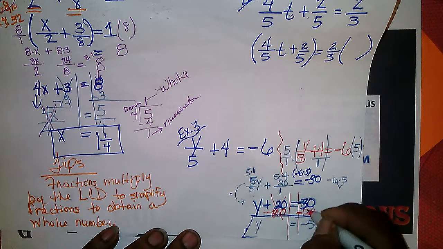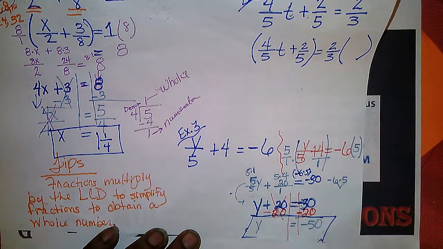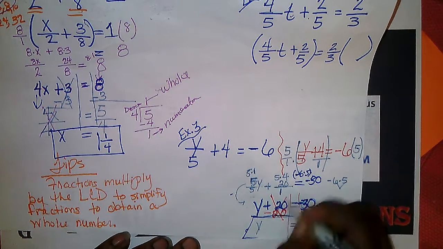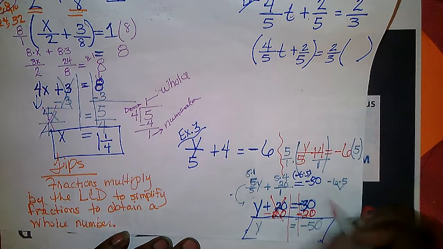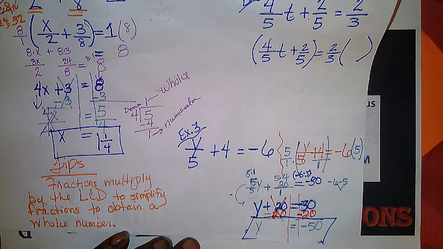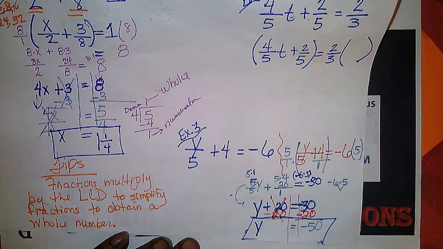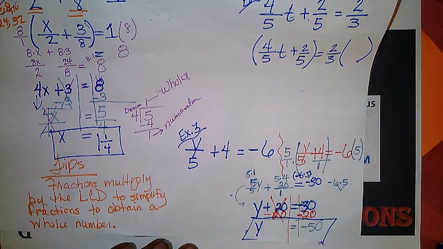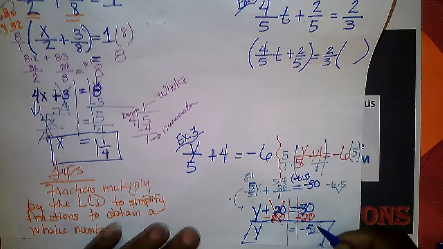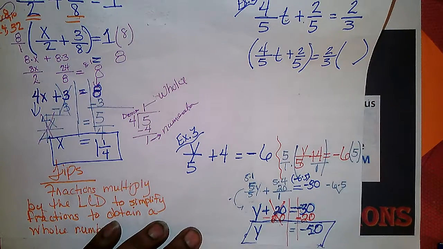And if we do it on one side, we have to do it on the other side, which is negative 20. Positive 20, negative 20, they cancel each other out and leaves us with just a y here. And on our other side of the equal sign, we have negative 30 plus negative 20, which gives us negative 50. So y equals negative 50.